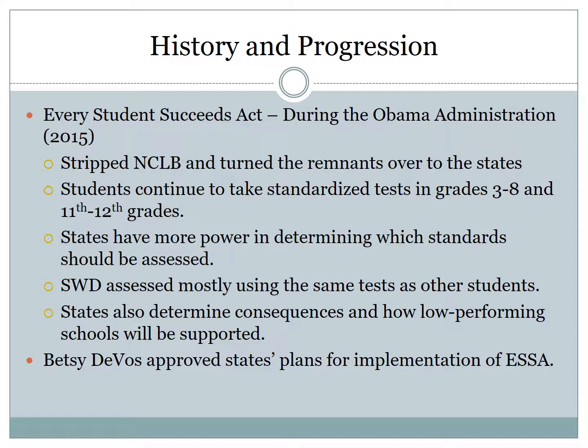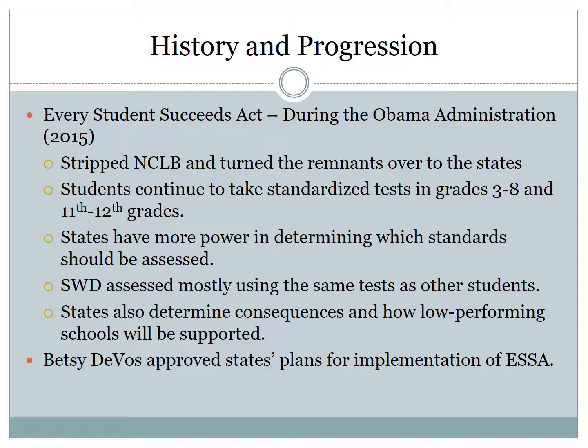But in this act, states have more power in determining which standards should be assessed. And a big change, students with disability were now assessed using mostly the same tests as other students, whereas No Child Left Behind had allowed for some flexibility in testing students with disability. States also now had to determine consequences and how low performing schools would be supported.